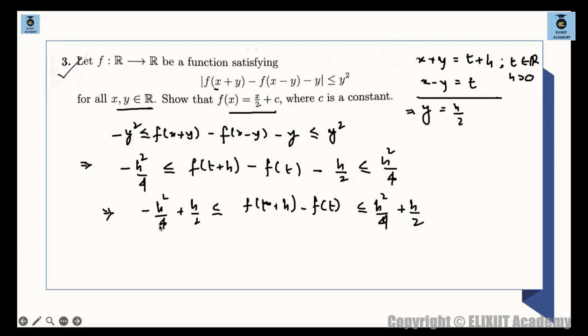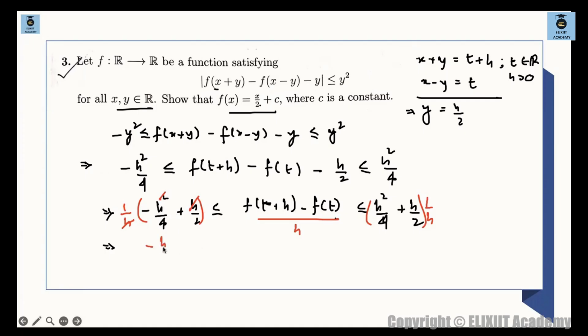So can you see over here that we are getting some format of differentiation? f of a plus h minus f of a divided by h. So one h is missing. So we can just forcefully divide by h over here, on all three sides, right? We can simply divide by h such that one of the h will cancel out and this will become minus h by 4.